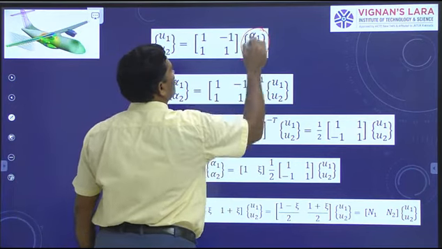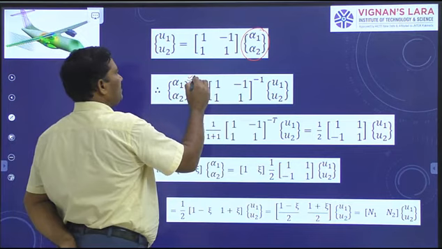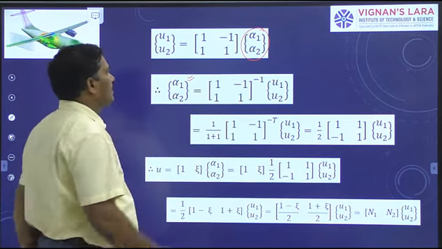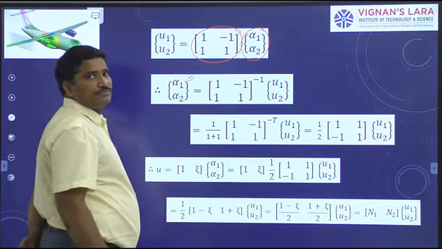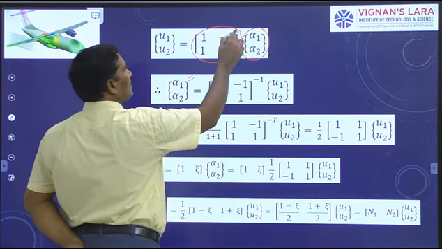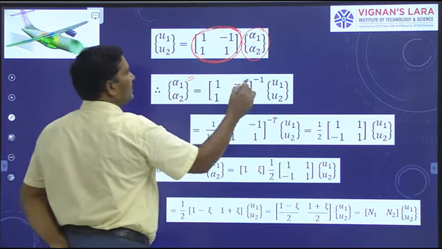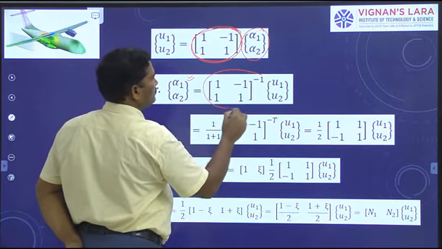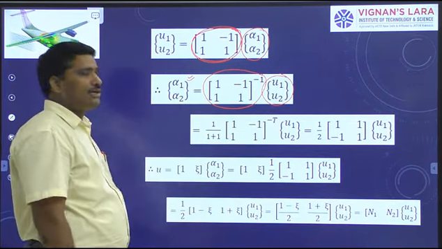This we want. Now the column matrix having the elements alpha 1 and alpha 2 equals the inverse of this matrix into a column matrix having the elements u1 and u2.